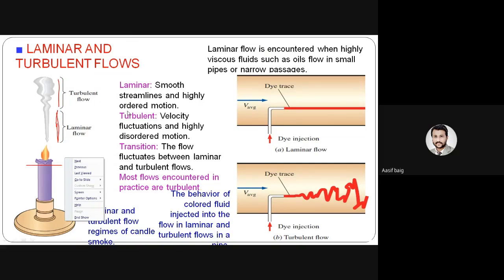So laminar flow is the smooth streamline and highly ordered motion, whereas turbulent flow has velocity fluctuations and highly disordered motion. And in between this laminar and turbulent flow, there is another flow, that is the transition flow, in which the flow fluctuates between the laminar and the turbulent flow. So in the diagram you can see here.